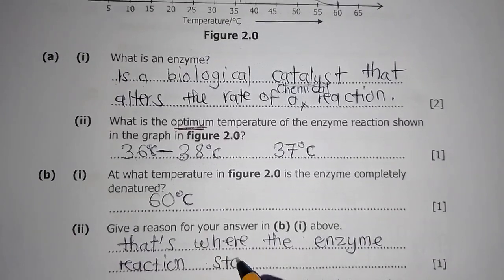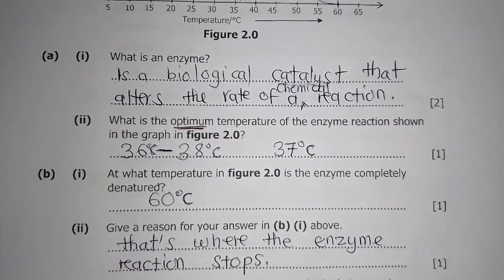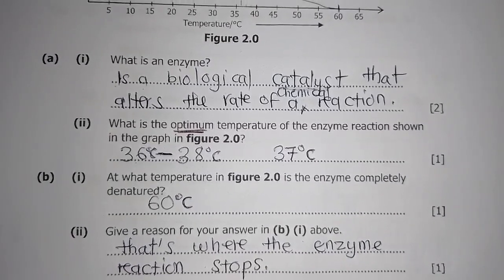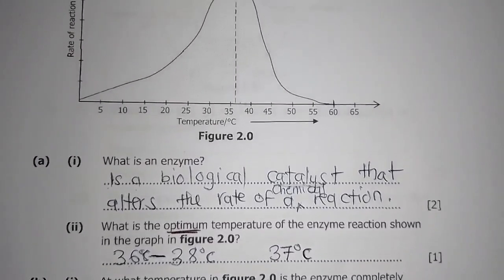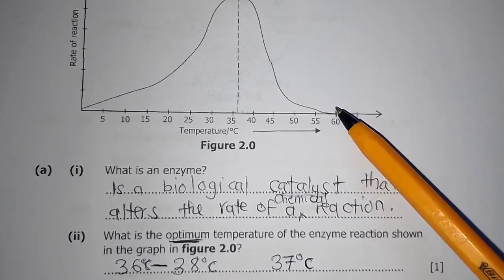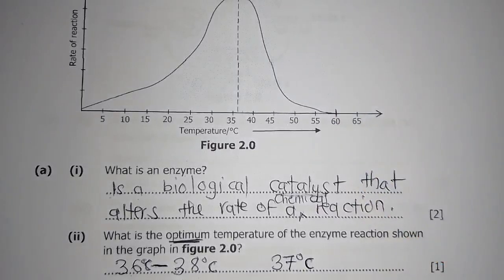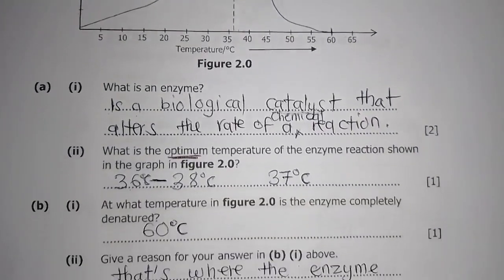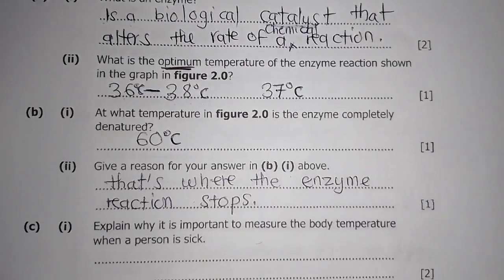You can just give this reason. Have you seen? Because that's where the enzyme reaction stops. Is this reaction continuing? No, it is stopping here. So that should be your answer. It just needs to end there. That's how you are supposed to answer that one.